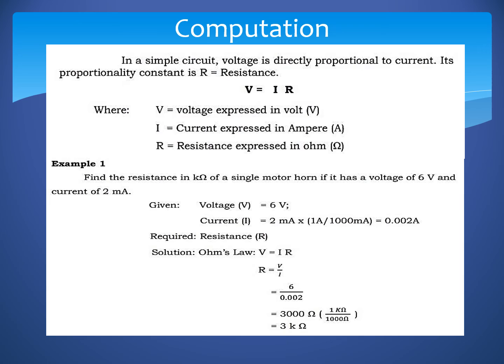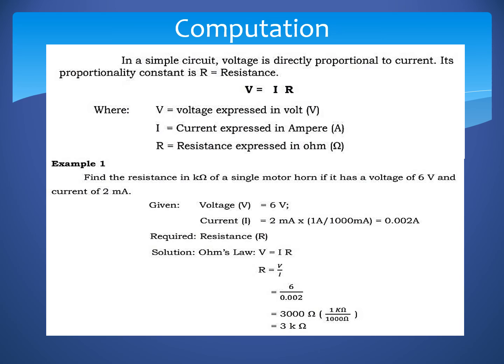Now, example number 1: find the resistance in kilo ohms of a single motor horn if it has a voltage of 6 volts and current of 2 milliamperes. So given here, you have the voltage, which is 6 volts, and the current is 2 mA. Then we have to convert it into amperes, as needed.